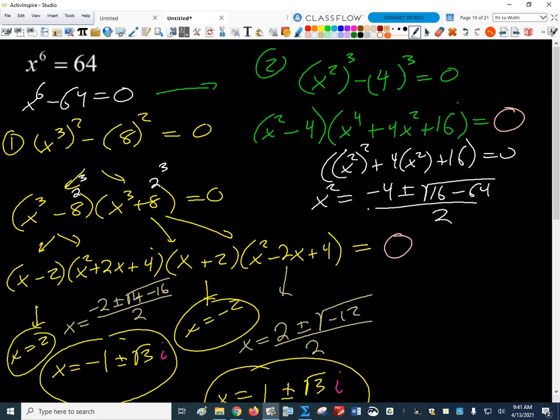Then I'm going to have to square root these expressions that already have square roots in them and i's. That's getting ugly fast, isn't it? Everybody agree? So can we safely say here that we're just going to say no to applying the difference of cubes first? We always want to apply the difference of squares first when we're dealing with something like this.